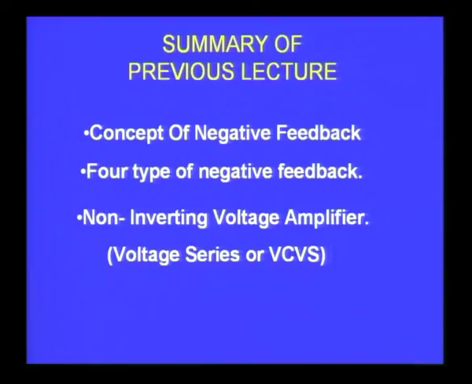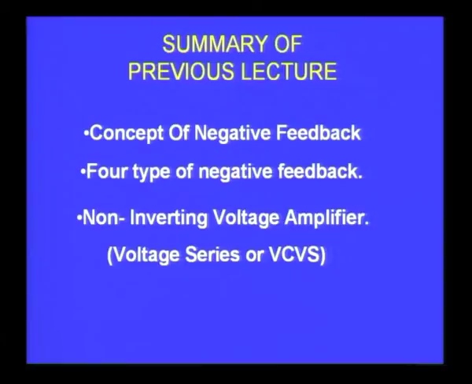For example, you can sense a voltage and give it as a voltage at the input, or you can sense voltage and give it as a feedback current at the input stage, etc. So 4 different types of negative feedback can be constructed, and these 4 different types of circuits will lead to 4 different characteristics depending on the output and input impedances.